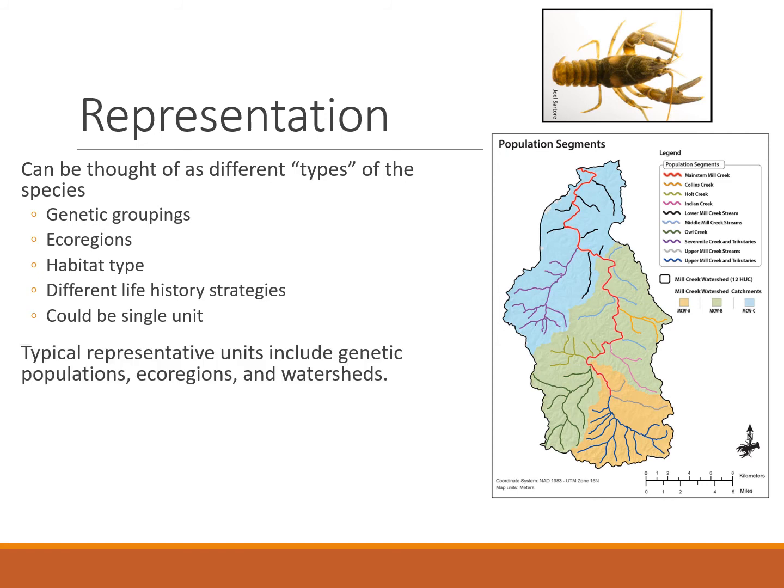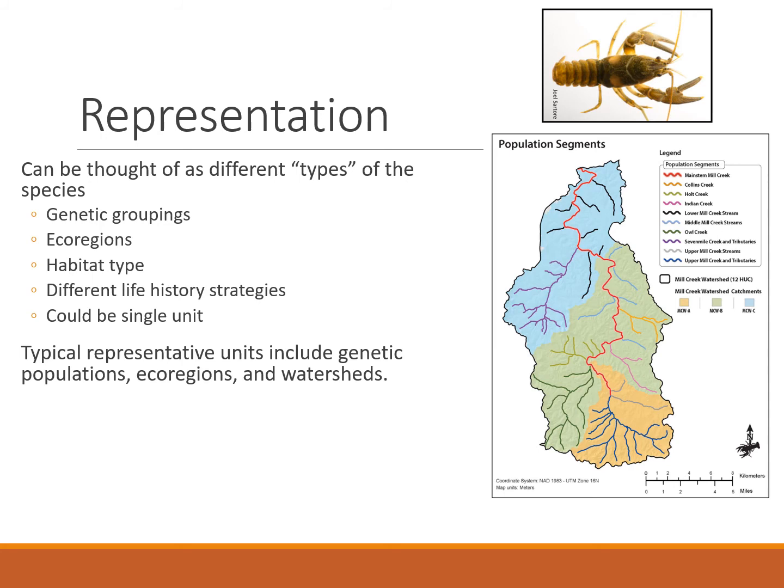The typical representative units that you'll see in SSAs are genetic populations, ecoregions, and watersheds. So you can see that on the example to the right. This is the Mill Creek crayfish. And you can see that they've broken down the representative units really based on the watershed catchments. So it's not any kind of genetic differentiation or habitat usage differentiation.